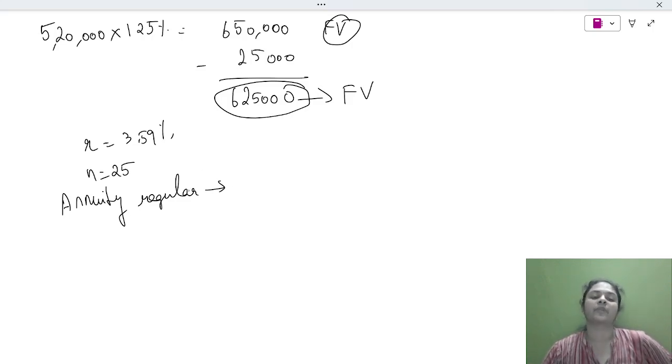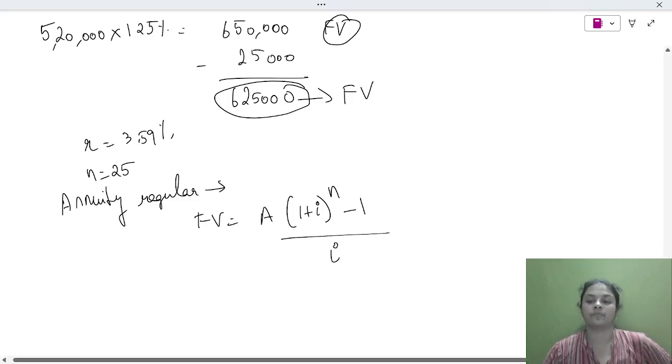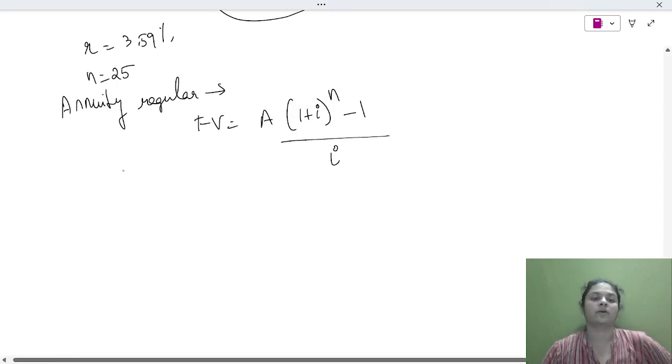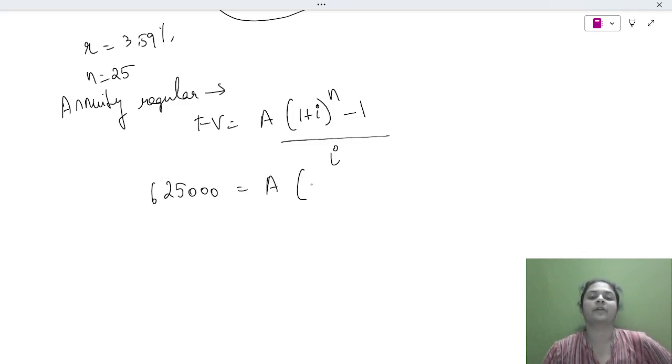Future value. So the formula for future value is equal to A into (1 plus I)^n minus 1, divided by I. So future value 6,25,000 is equal to A into (1.0359)^25 minus 1, divided by 0.0359.